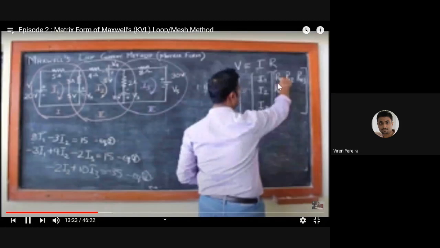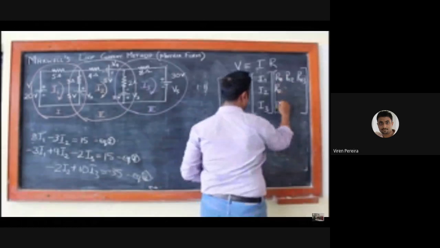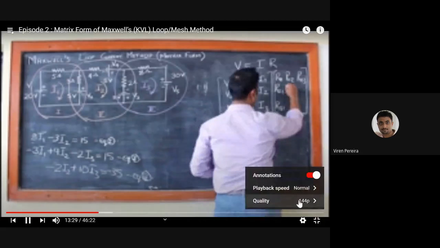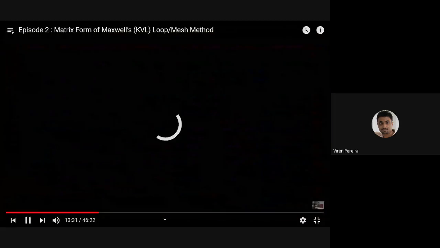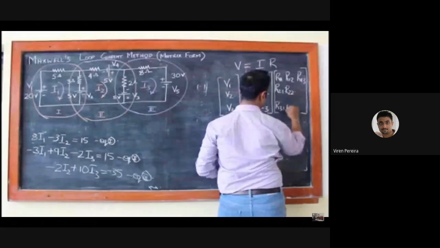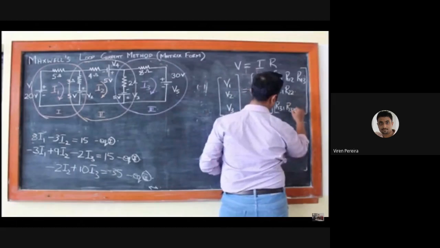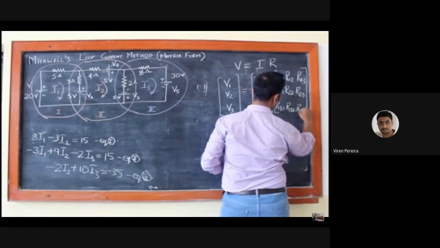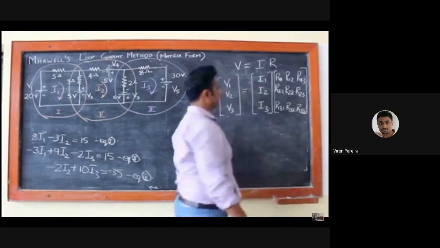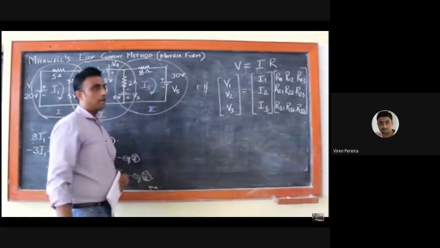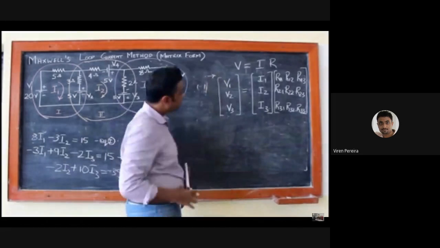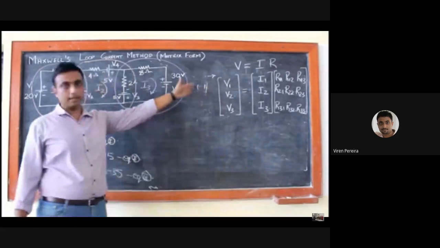First row, first column is R11. This is my second row and this is my third row in the first column. Then my second row in the second column. Third row in my second column. And the same way, third row.